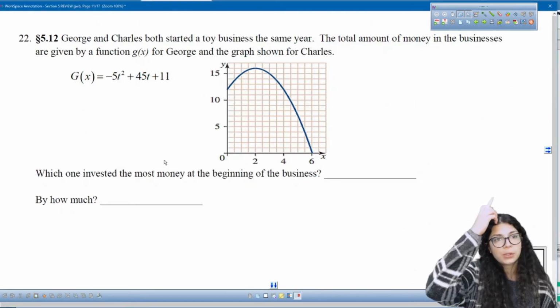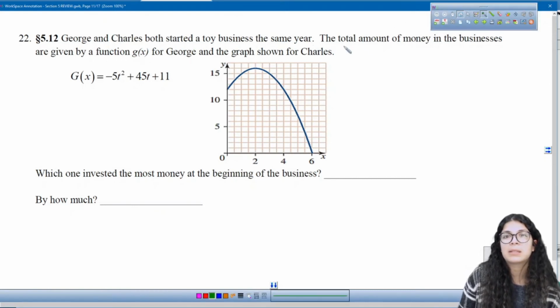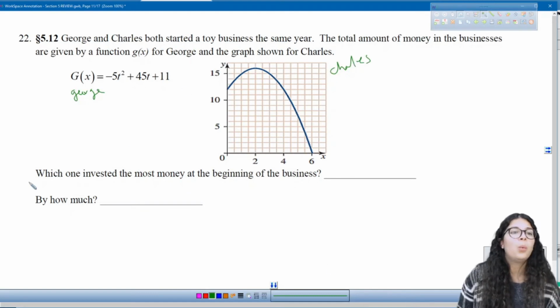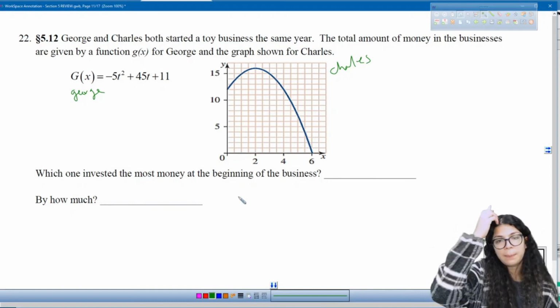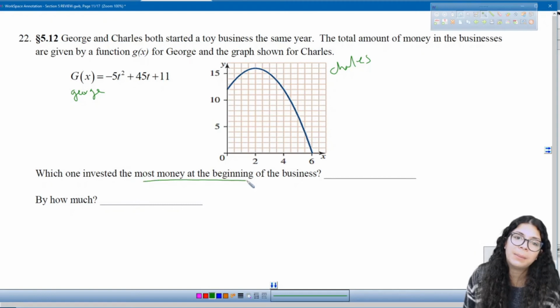So on number 22, we have George and Charles, who both started a toy business the same year. The total amount of money in the businesses is given by the function g of x for George and then in the graph for Charles, okay? So g of x is George, and this is for Charles. Which one invested the most money at the beginning of the business? Okay, so what is the money at the beginning of the business?